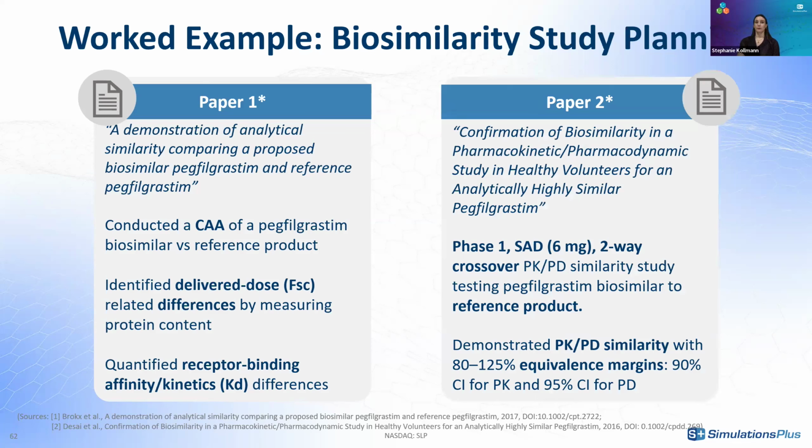The other paper forms the clinical confirmation step. This is a phase 1 single dose of 6 milligram two-way crossover PK/PD similarity study comparing pegfilgrastim to the reference product in healthy subjects.